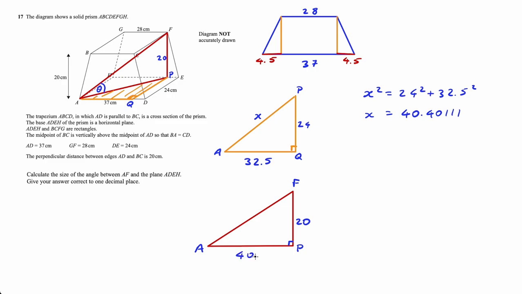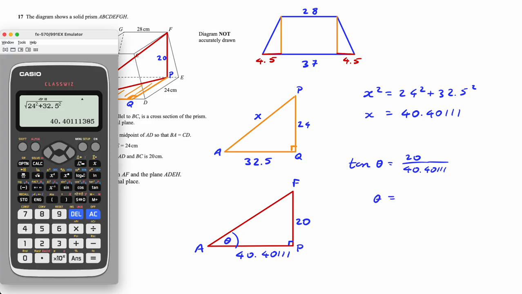This is 40.40111. This is the angle we're looking for. I have the opposite and the adjacent, so I'm going to say tan of theta is equal to 20 over 40.40111. Theta is the inverse tan of that.